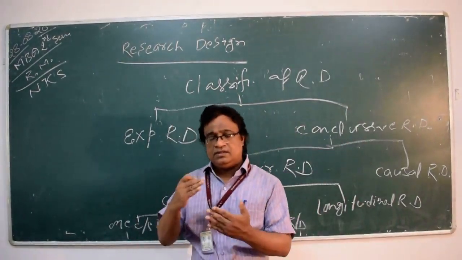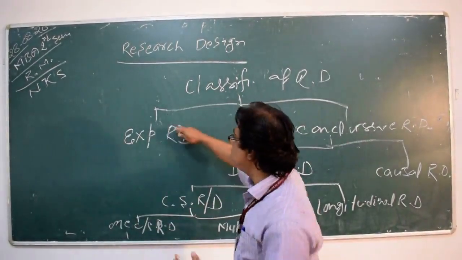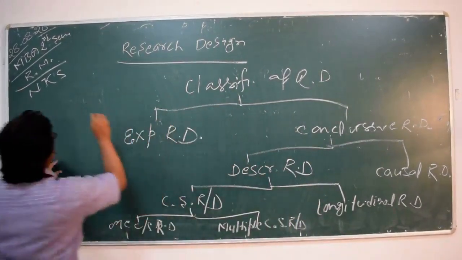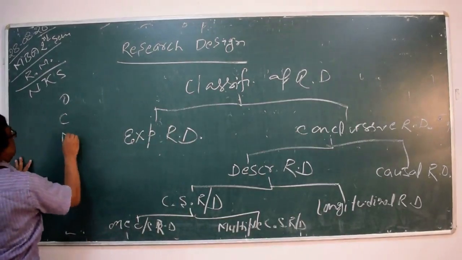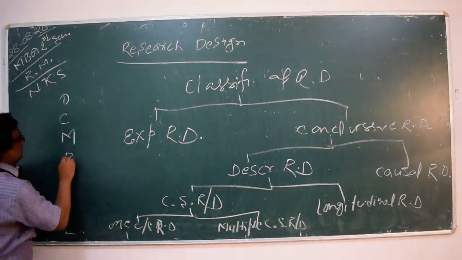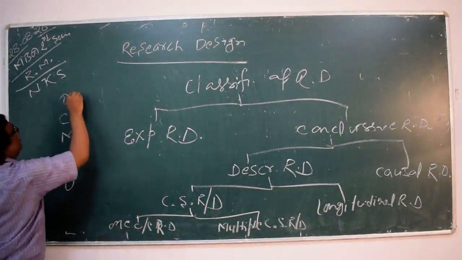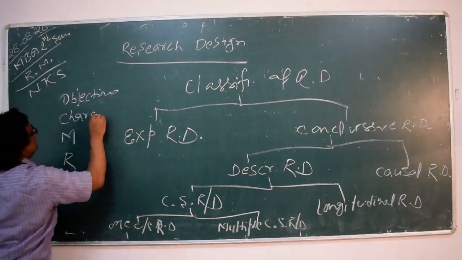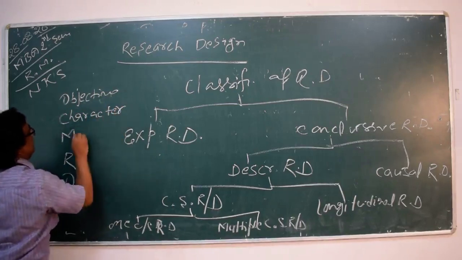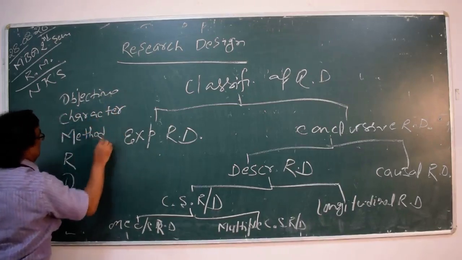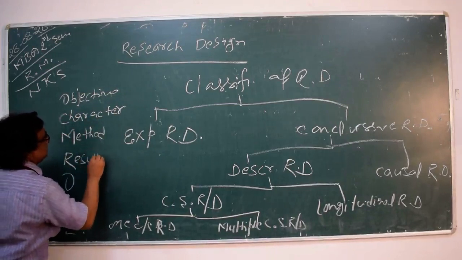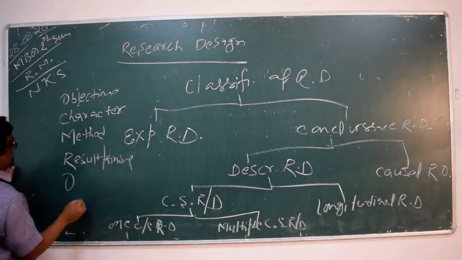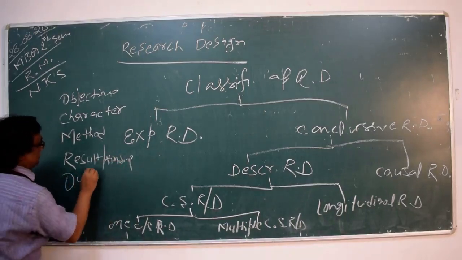Then we can understand these two in terms of O, C, M, R, O. O for objective, C for character, M for method, R for result or findings, and O for outcome.